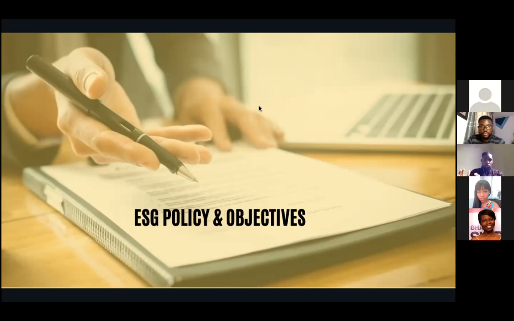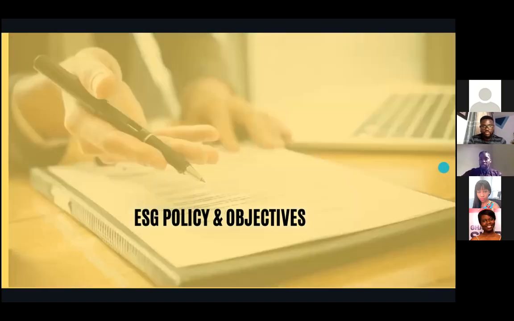We're able to arrive at a final document called the materiality map that shows different risk factors across ESG that applies to a particular business. Then once we're done with that, we use that information to go on to create what we call an ESG policy and objective. So why is this important?